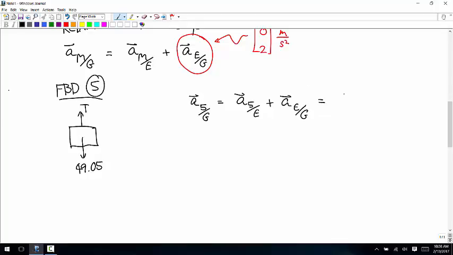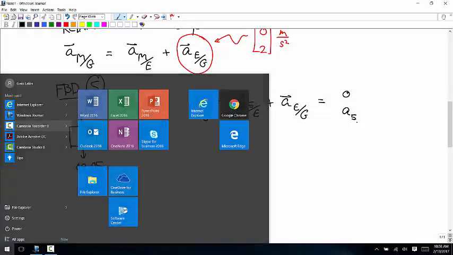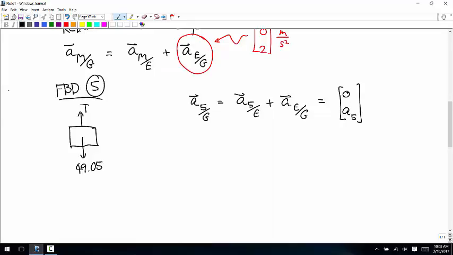I'm going to write that as 0, A5 relative to the elevator, plus 0, 2. And we can write that as 0, A5 relative to the elevator plus 2 in the z component. Everyone with me on this so far?